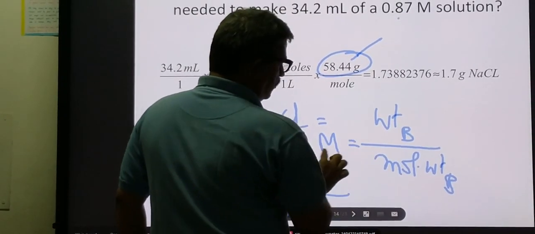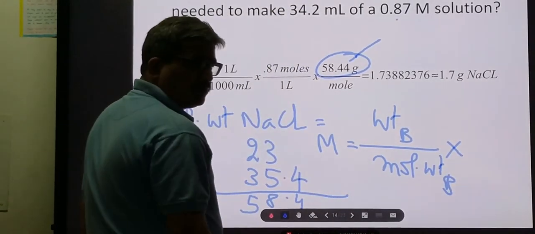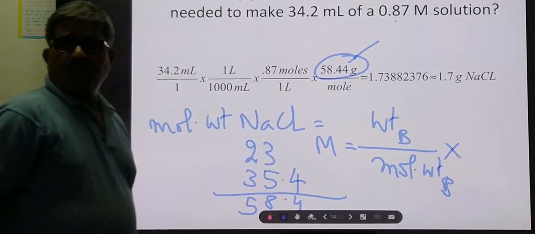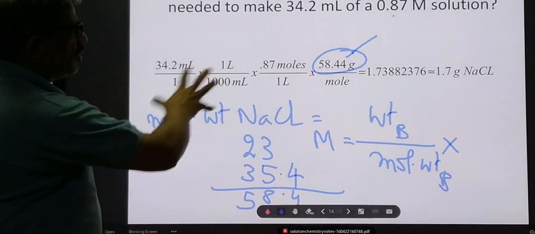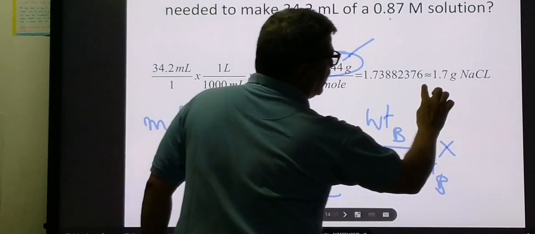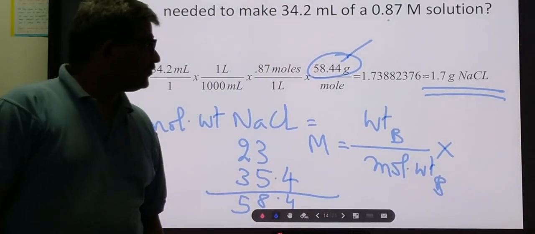Molarity is equal to weight of B divided by molecular weight of B, into 1 over the volume of solution in liters. And if you substitute these values, finally you arrive at the answer, 1.7 grams of NaCl.